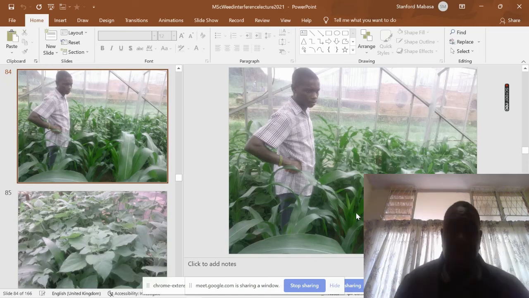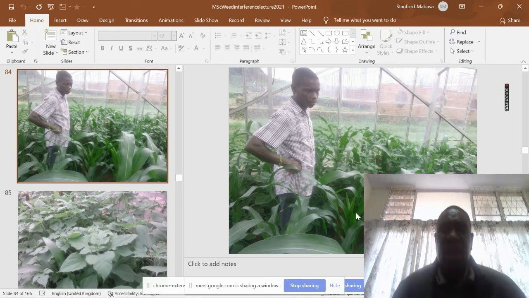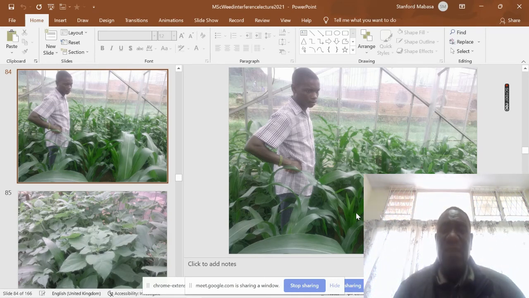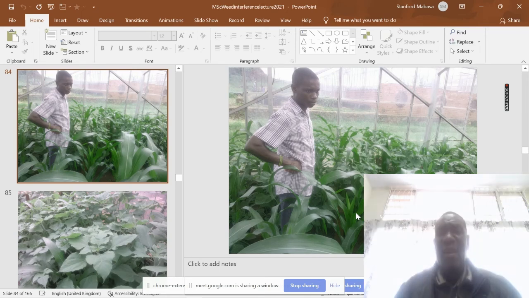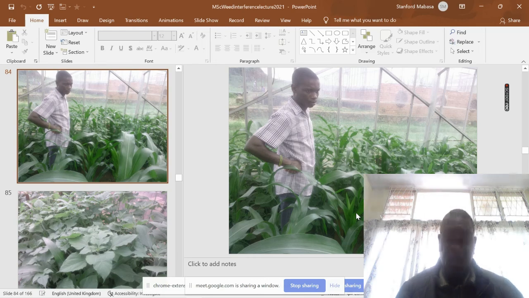Okay, this was one of the experiments where Tithonia rotundifolia density was varied in a maize crop. This was here at UZ. You can see a student there observing the experiment with additive design.